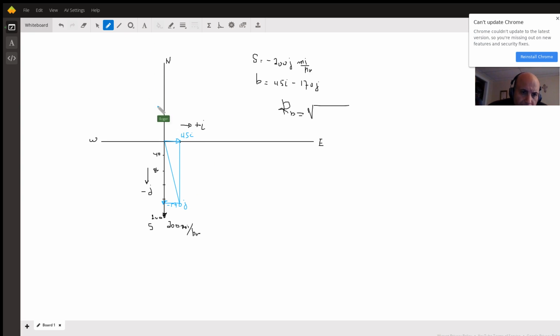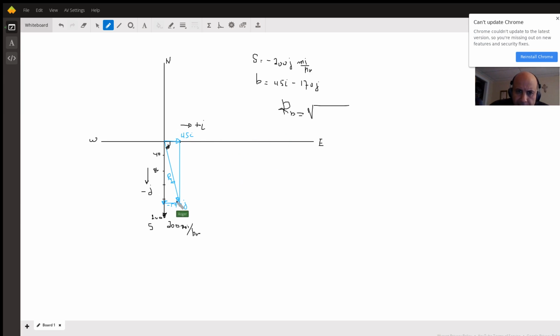That's my resultant vector r of vector b, and that is the direction of the plane after the wind hits it. This is the angle we need to find. This angle is rotating clockwise from the x-axis toward where the vector r is positioned.